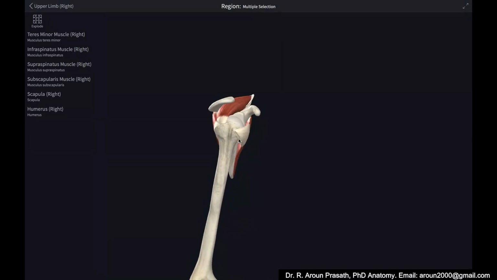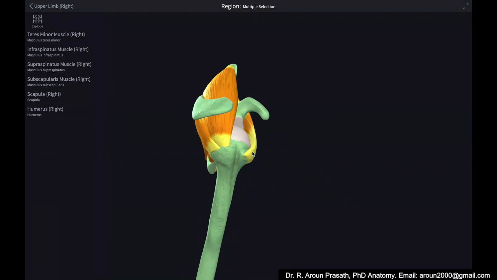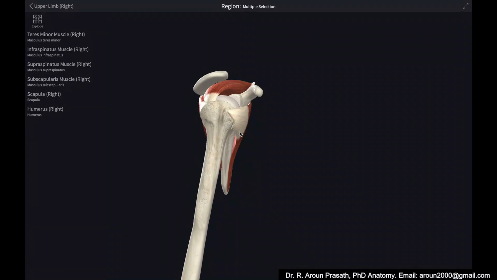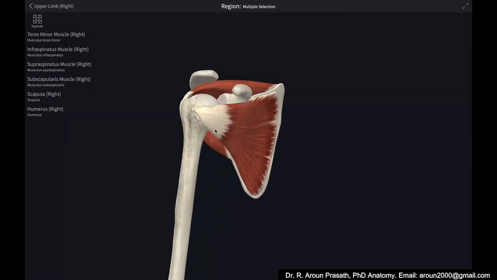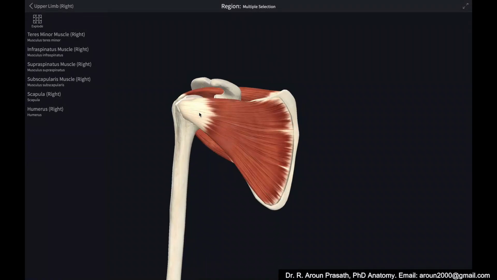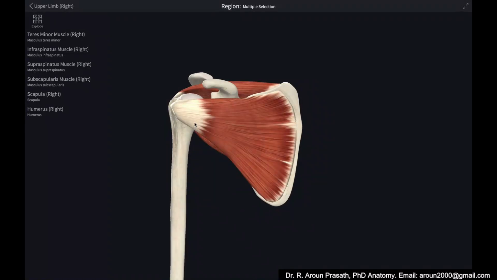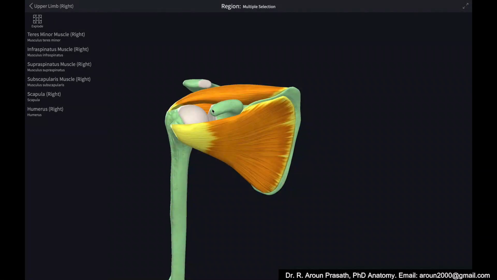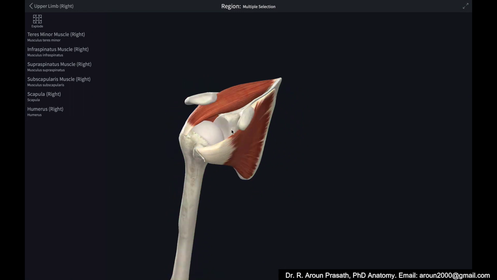In myology, I would have discussed the rotator cuff muscles. These four small muscles hug the head of the humerus with the scapula, and they prevent dislocation of the glenohumeral joint. In arthrology we will discuss that separately.